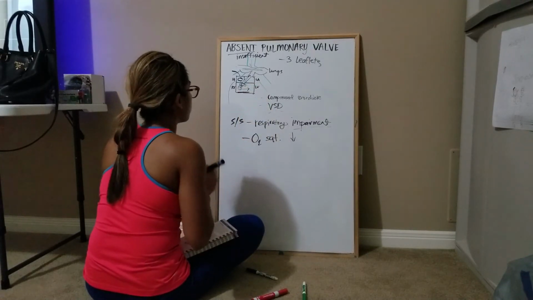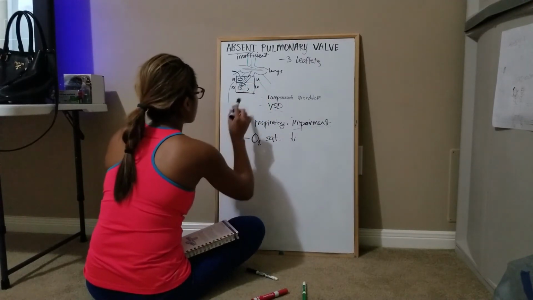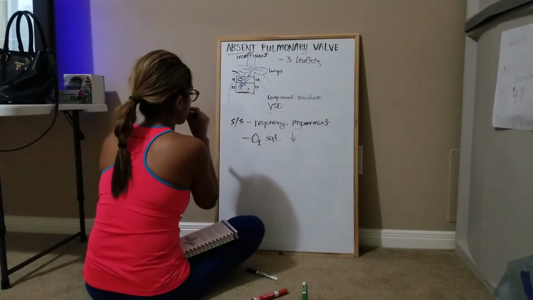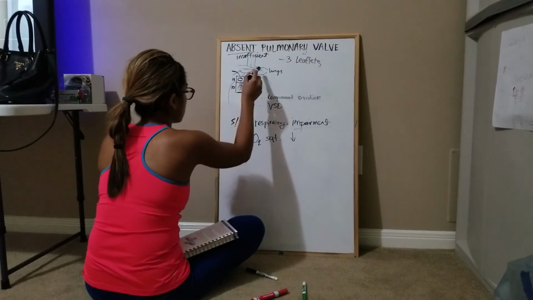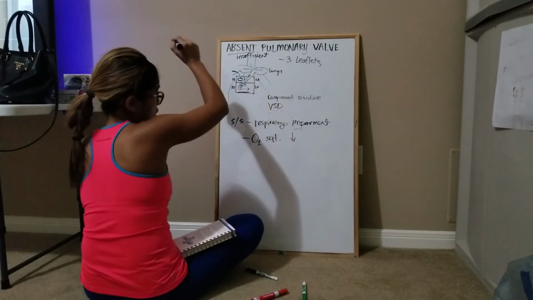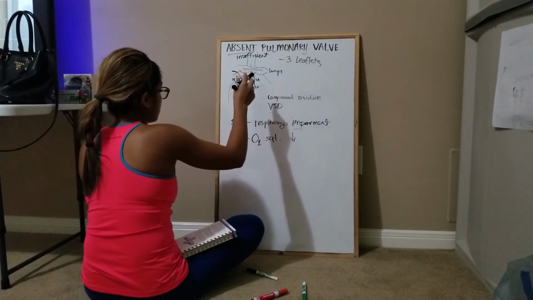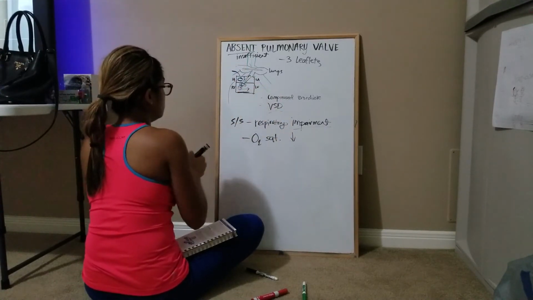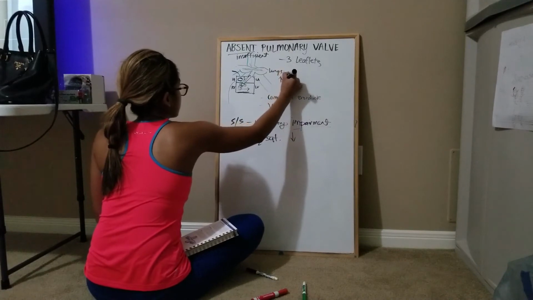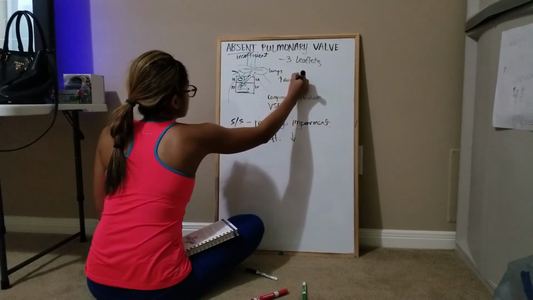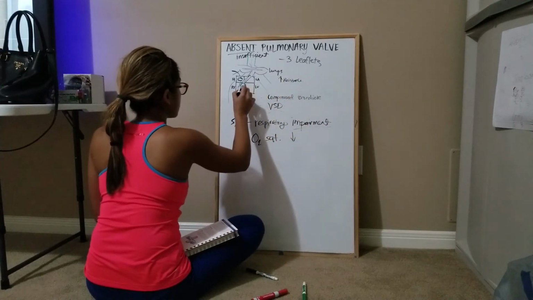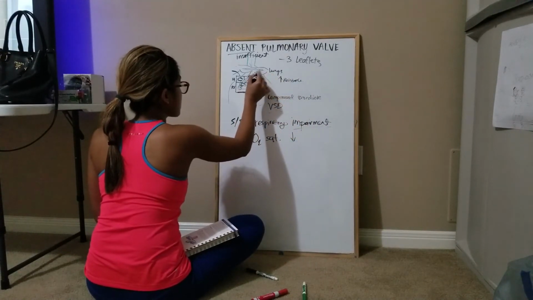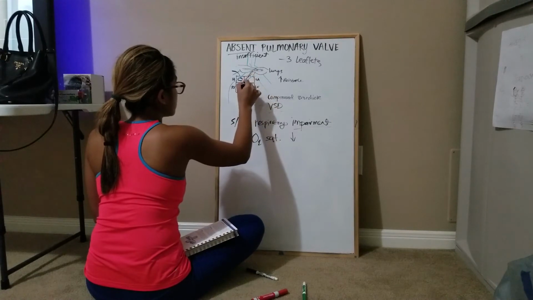Why would it go to the left? Left is supposed to be higher pressure. Because in infants, the lungs have a higher resistance, and the blood goes from higher to lesser resistance. So if the lungs have high resistance, this all the way here is high resistance.